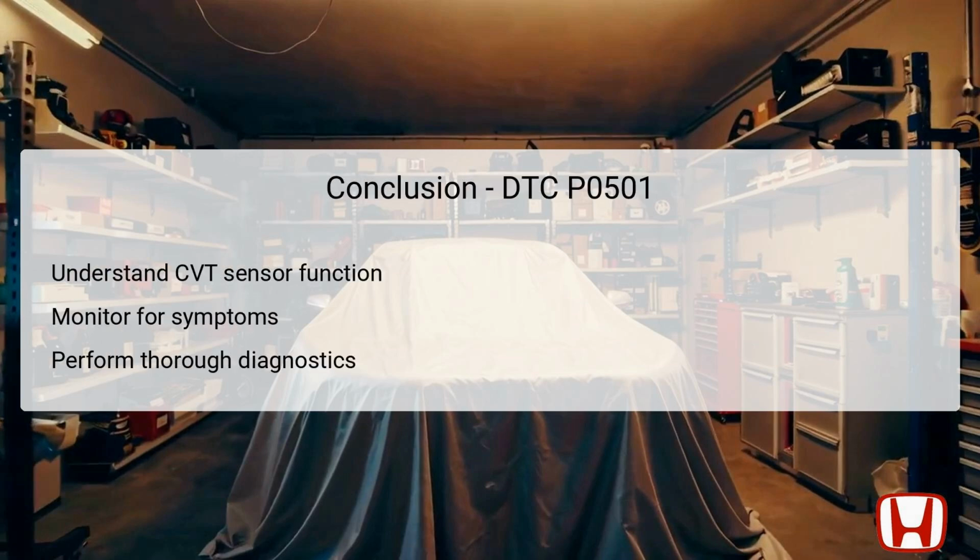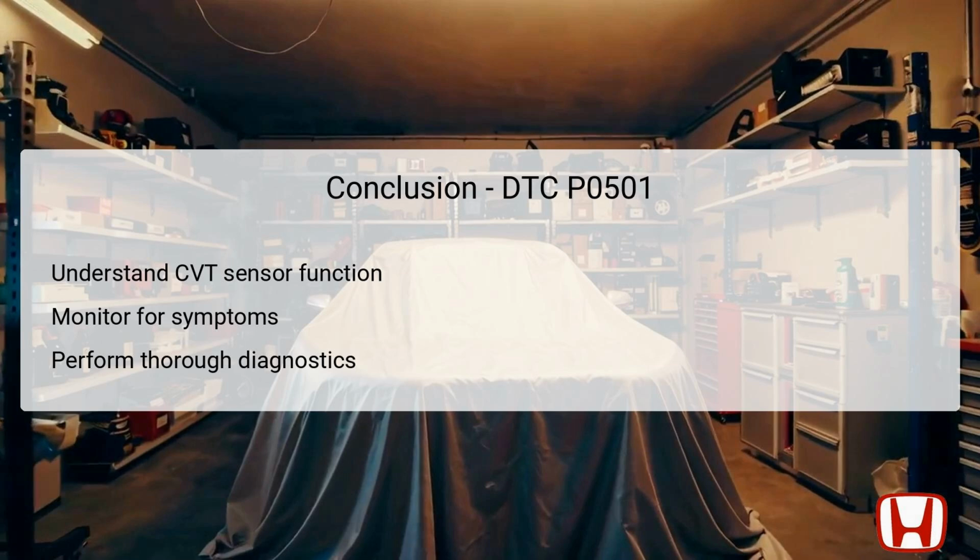In conclusion, understanding the function of the CVT speed sensor is crucial for maintaining the performance of your Honda Civic. The DTC P0501 warns of potential issues that could affect vehicle speed and transmission operation. It is vital to monitor for symptoms such as an illuminated MIL or a blinking shift position indicator, which may indicate a malfunction.